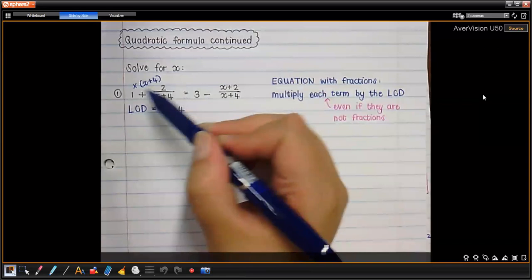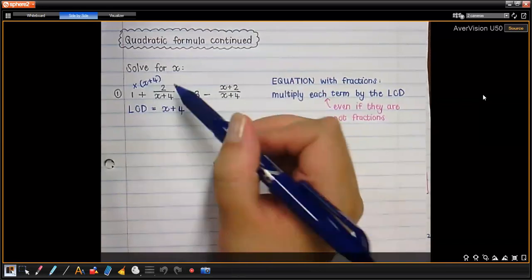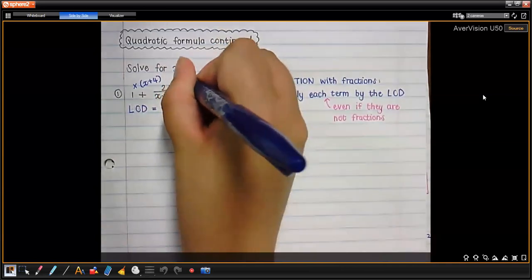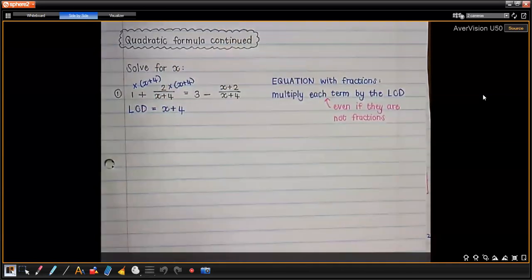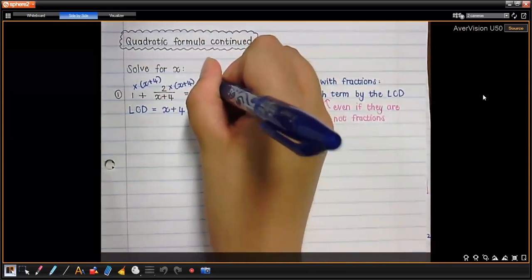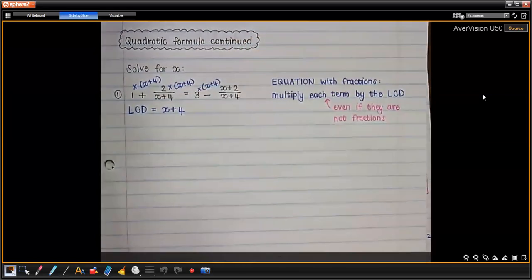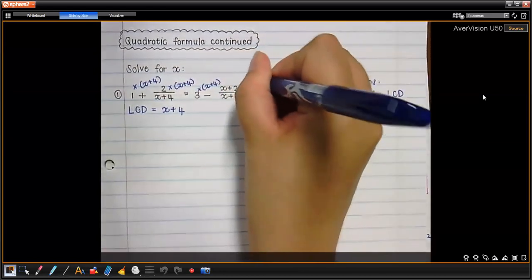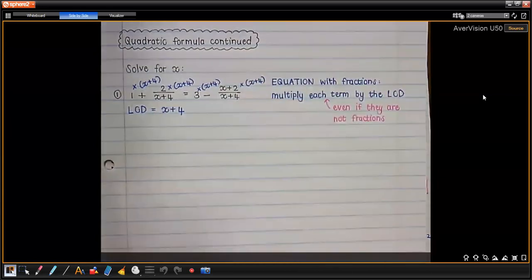So just do that, please, times x plus 4. For the next one, also times x plus 4. For the third term, which is just 3, times x plus 4. And for the fourth term, times x plus 4.